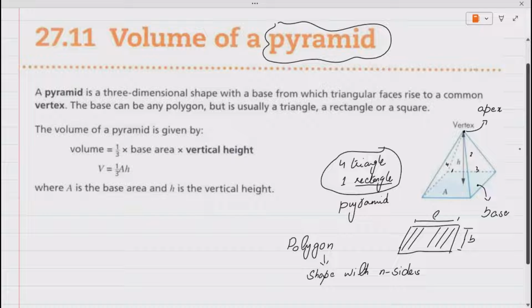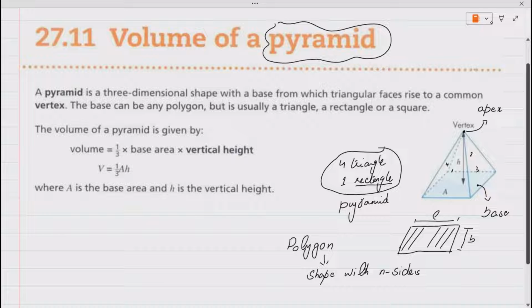So in our topic, we are strict to this one, that the base is always a rectangle. But in general, a pyramid can be made from any polygonal base. But in the concept related to our paper, the questions related to our exams have this special case that the base always remains a rectangle.